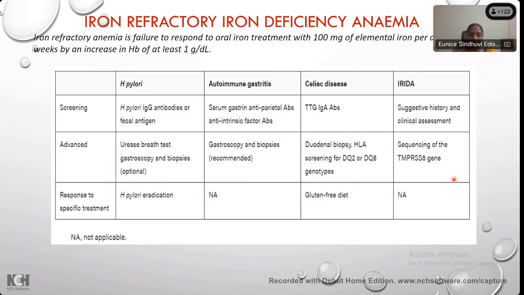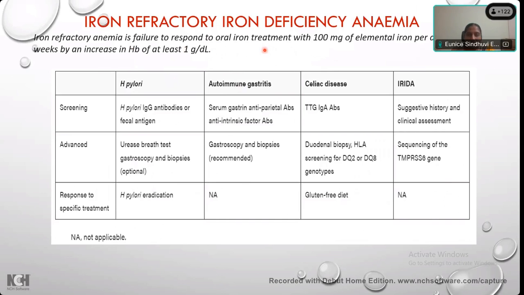I'll be talking a little bit about iron refractory iron deficiency anemia. Initially, people thought this lack of response to iron supplements was mainly due to compliance and dietary factors, but there are several important causes for iron refractory iron deficiency. So how do you define iron refractory anemia?